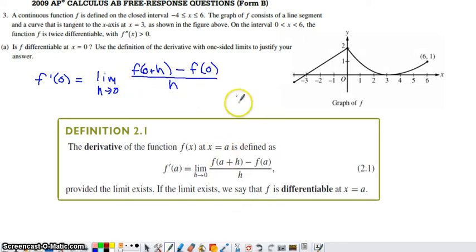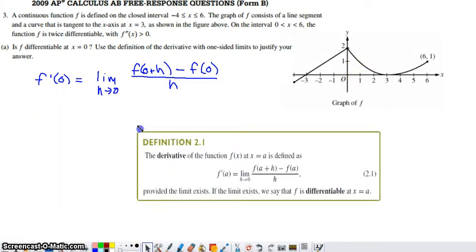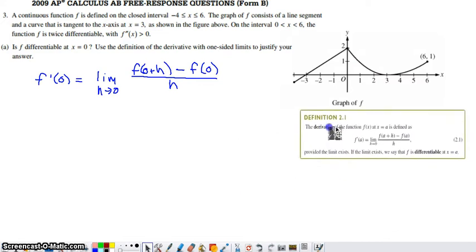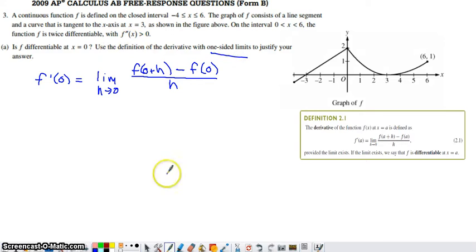Now we don't really have the capability to evaluate this limit from this graph, but I'm going to shrink this back down. We kind of took what we needed from the definition. The way that this problem is worded here says we should be showing something with one-sided limits to justify our answer.